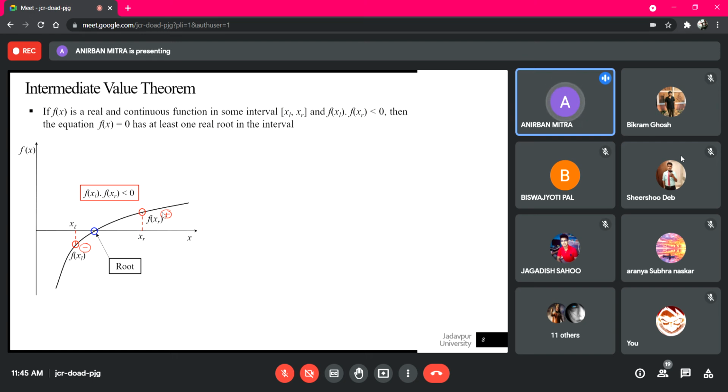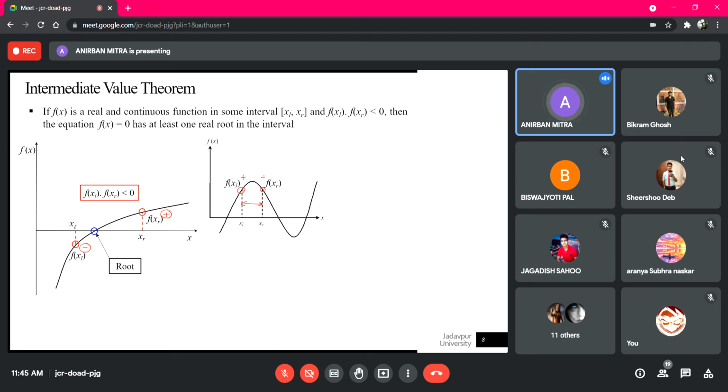And as you will see later on, in the bisection method, the intermediate value theorem is applied repeatedly. So that is the basis for the bisection. But before we go to that, let us look at certain other examples of different functions in this x, f(x) plane. So you can see here that in this interval, xl, xr, we have a positive functional value here.